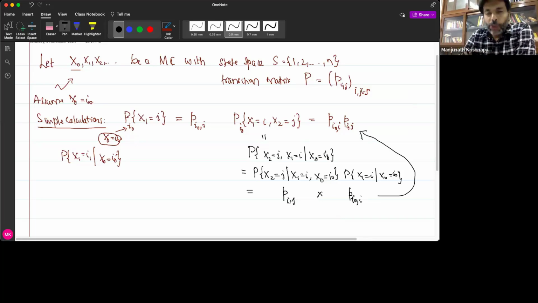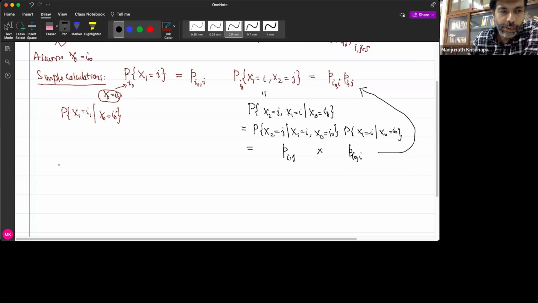So this is telling us how we can write down the probability for any trajectory. Suppose I write a much longer thing: X1 equal to I1, I want at time 1 to be at state I1.